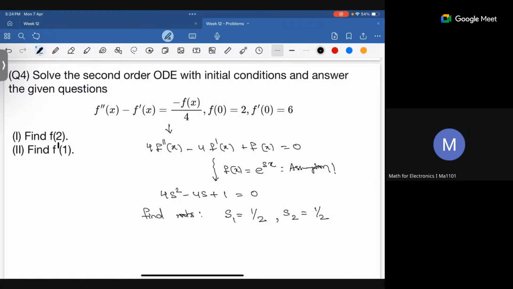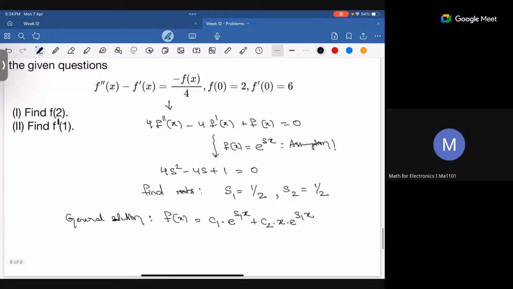If our roots are repeating, then the general solution will be f of x equals c1 e power s1x plus c2 x into e power s1x, right?